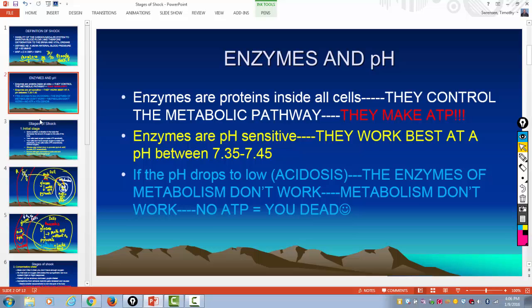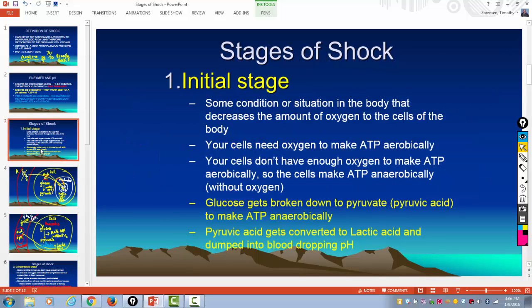So what initially happens in the initial stages of shock is there's going to be some condition that's going to cause the cardiovascular system not to be able to deliver enough oxygen down to the cells of the body, right? Brain, vital organs. The result is that anaerobic metabolism, making ATP without oxygen, is going to take over.